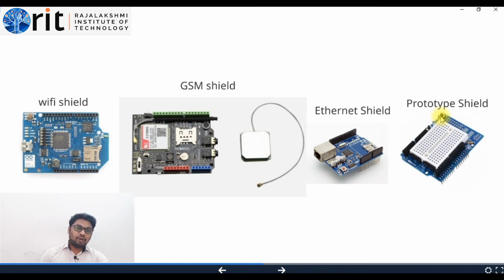And the fourth one is the prototype shield. Instead of holding a separate breadboard and making connections, you can directly mount this prototype board on top of your Arduino, and create some small circuits which are still connected to your Arduino.